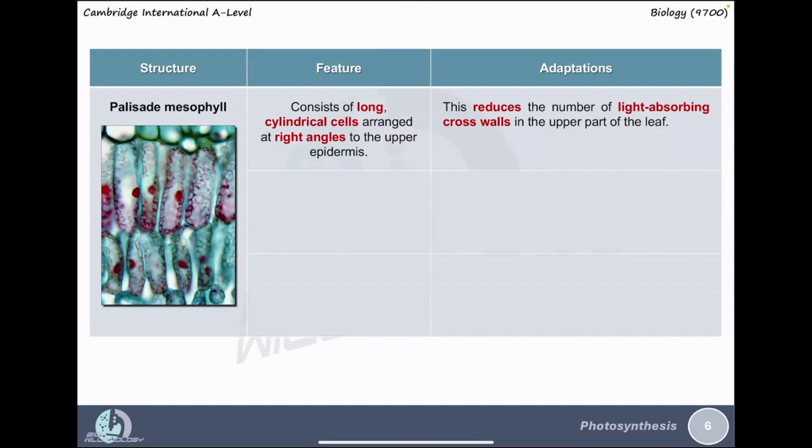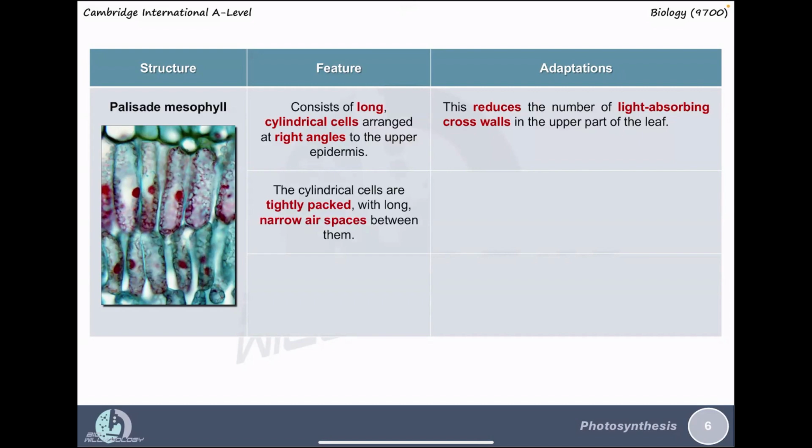So in order to reduce the number of layers of cells, the arrangement is special. The cells are arranged perpendicularly to the upper epidermis, reducing the number of layers of cells, and at the same time reducing the number of light absorbing crosswalls, the cell walls in the upper parts of the leaf.